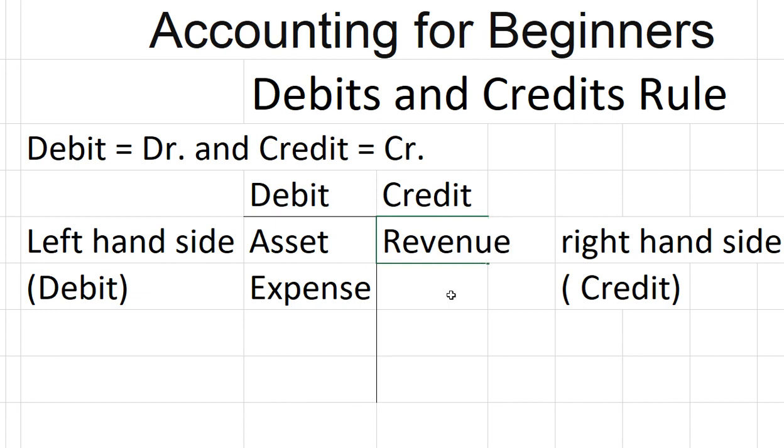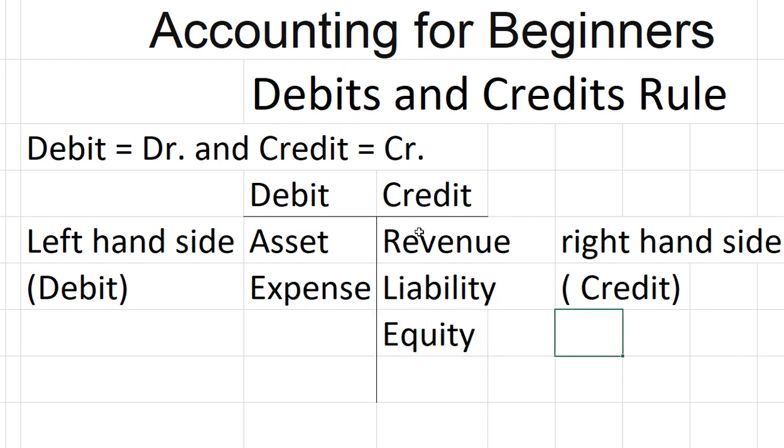Revenue, liability, and equity: revenue increases at the right hand side, or the credit side, and liability increases at the right hand side, or credit side, and the last one, equity, increases at the right hand side, or credit side.